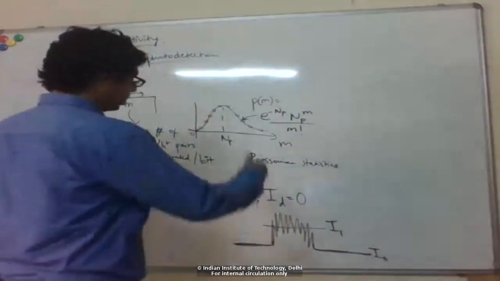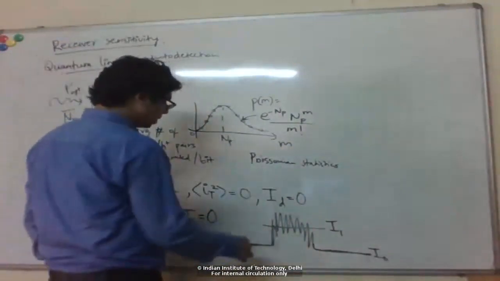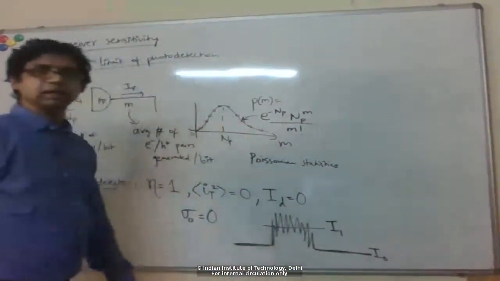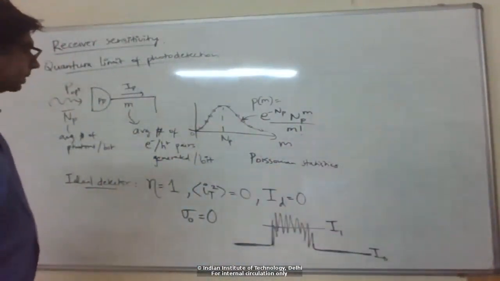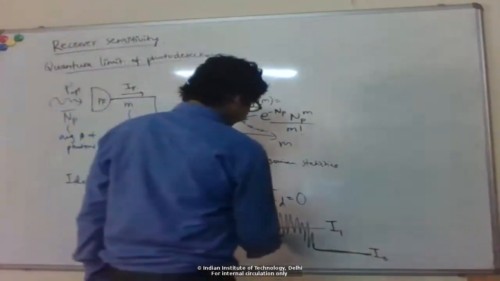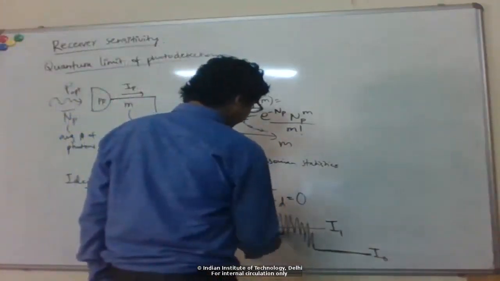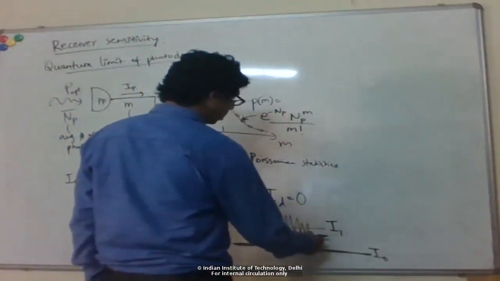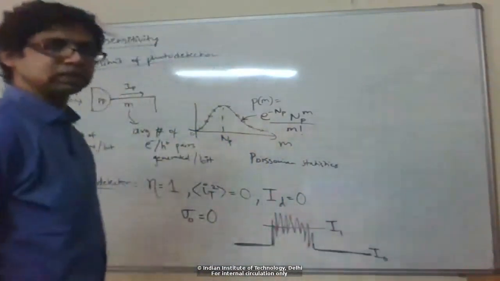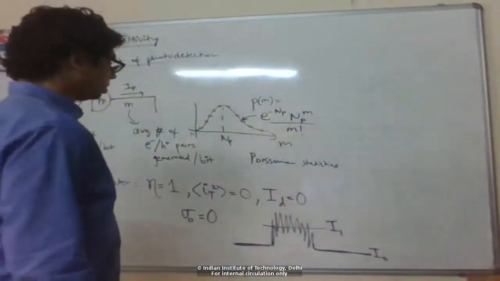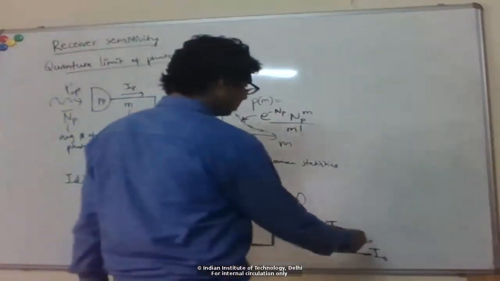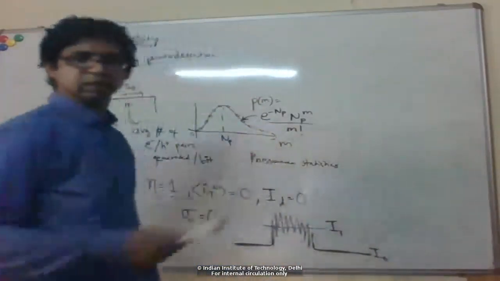Okay, so we saw that in the usual case, when we have noise here also, how do we set the threshold? To minimize the bit error rate, we set this threshold which depends on I1, I0, and also sigma 1, sigma 0, the noises. So the threshold I_D came out to be something like (sigma 0 I1 plus sigma 1 I0) divided by (sigma 0 plus sigma 1).